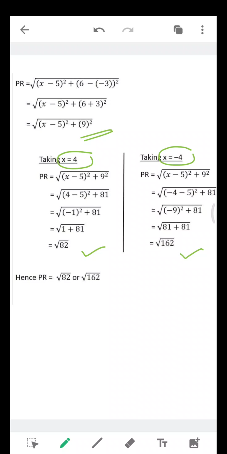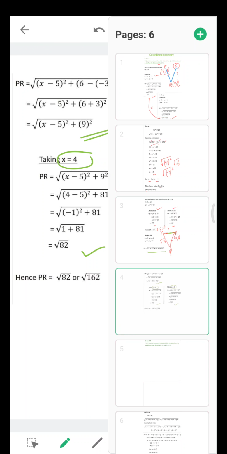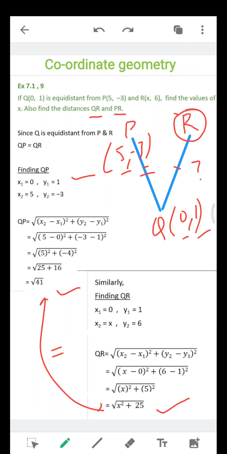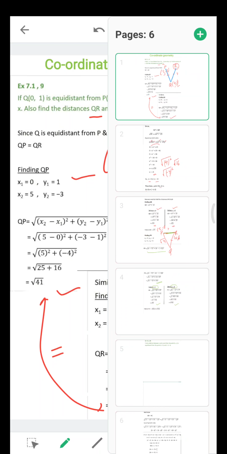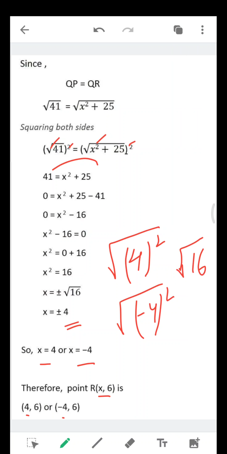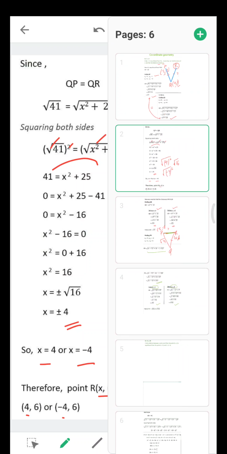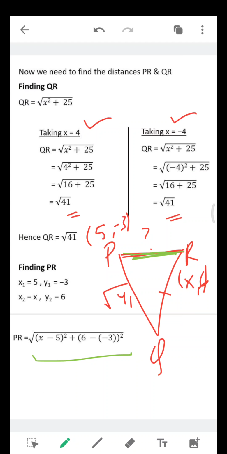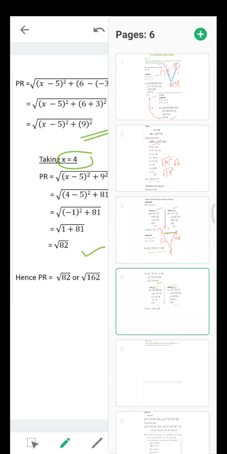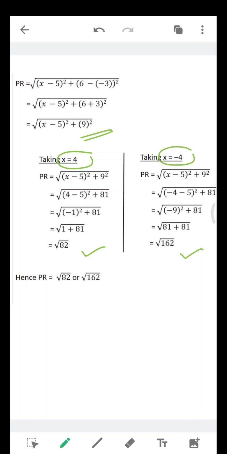These problems look quite lengthy, but if you understand the concept, they are very simple. These are the basics of coordinate geometry, and you will learn the next levels in higher classes. This is the way we find the value of x and the required distances.